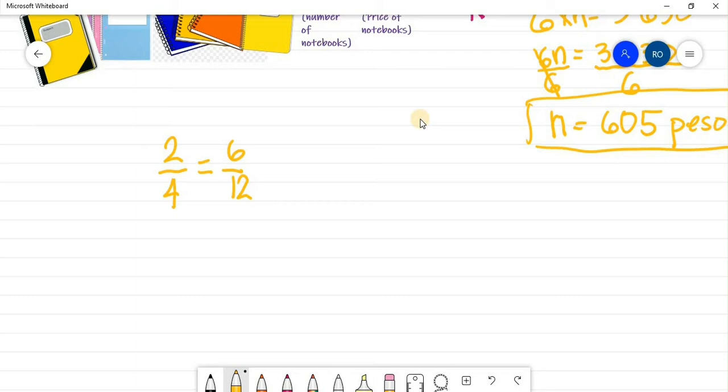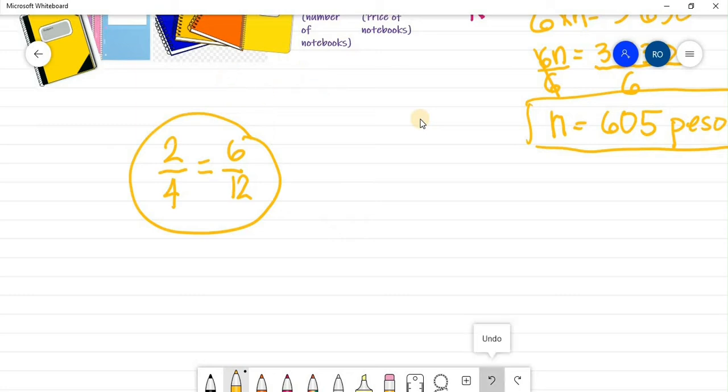So take note, a proportion results when one ratio is equal to another. We call this a proportion. In a proportion, there are 4 terms.